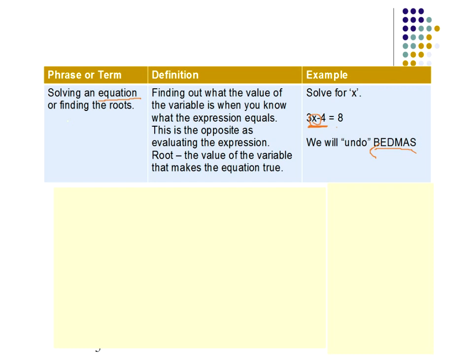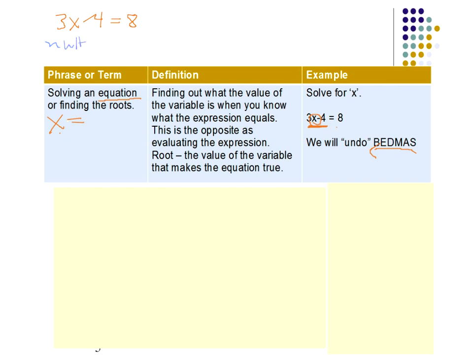So that means I'm going to actually start with the addition and subtraction. Then we'll move on to the multiplication and division, then do the exponents and the brackets. So if I have 3x minus 4 equals 8, my answer is going to look like x equals a number. So I'm going to undo what's being done. If you're stuck here and you don't know where to go, ask yourself what's being done. For instance, what does it mean to write 3 in front of x?